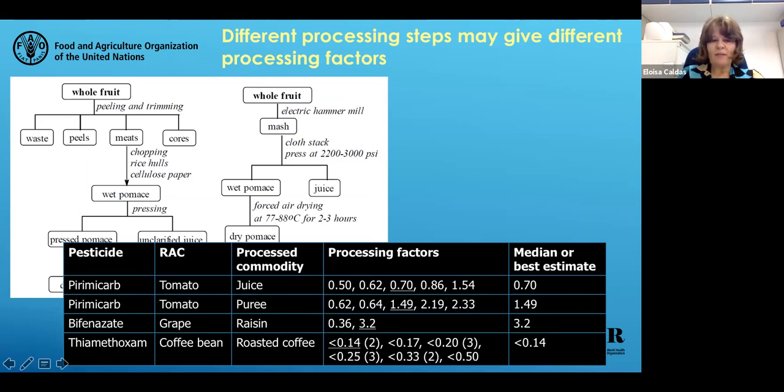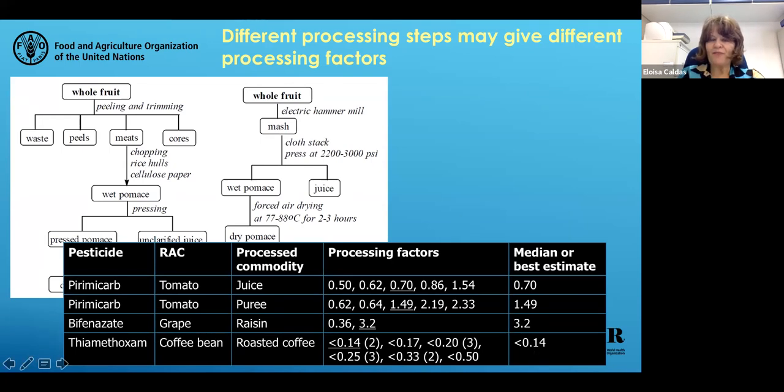And then you have thiamethoxam, coffee beans. That's how coffee is traded, in most cases, green coffee. And here you have roasted coffee, and the processing factor here is really very, very low. It's even below 0.14.